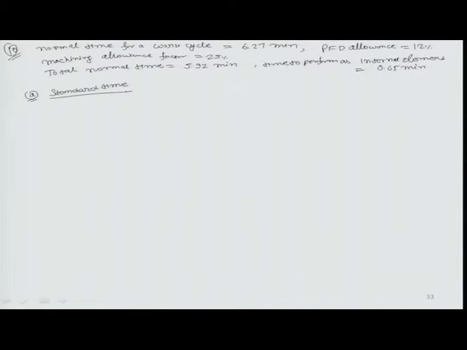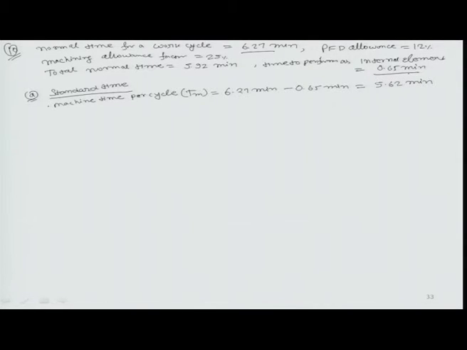So again this is a worker machine system. So first we will have to separate out the machine time and worker time. So we will do that. Machine time per cycle is equal to the normal time for a work cycle, 6.27 minutes, minus the internal element, which was 0.65 minutes. So that will be exactly 5.62 minutes.